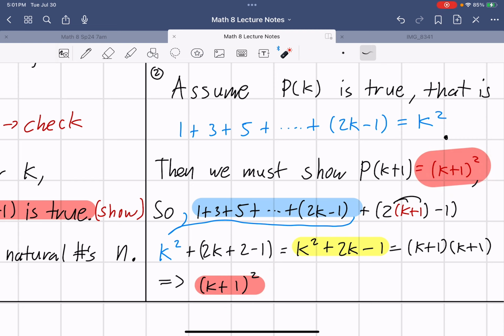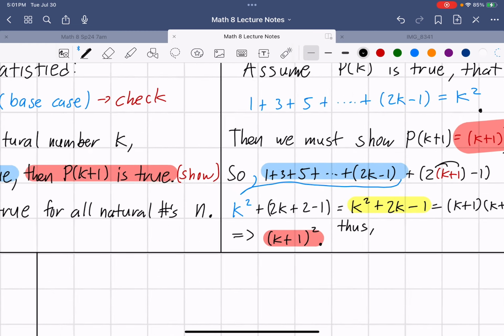So because of this, we say thus. I'm going to kind of squeeze it in, thus. So I'm going to put a period there. Thus, I could probably have everything written down.